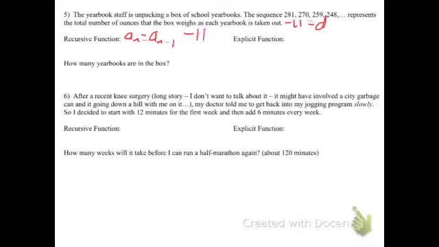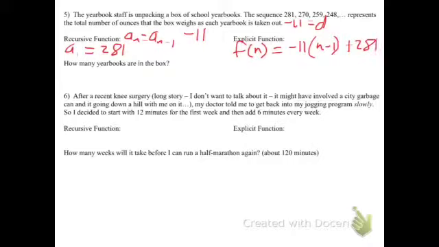I guess I should have put my common difference of negative 11 because it's going down. And then my a sub 1 is going to be 281. The explicit function would be f of n equals negative 11 times n minus 1 plus 281.